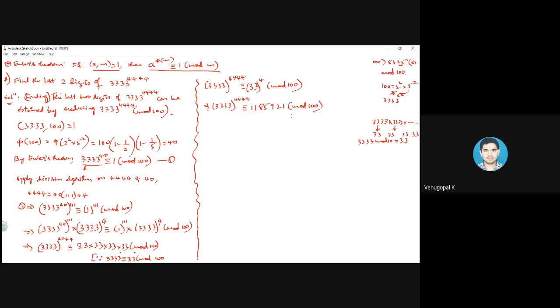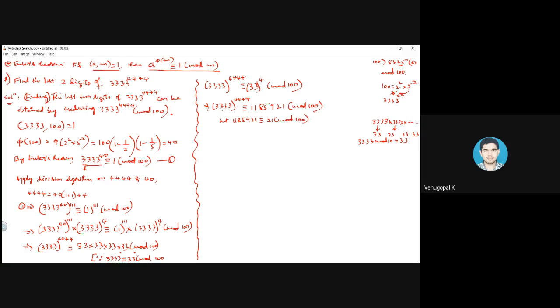And we know that this 1185921 is congruent to 21 mod 100. Very simple. When we divide by 100, 21 will be the remainder, the last two digits.